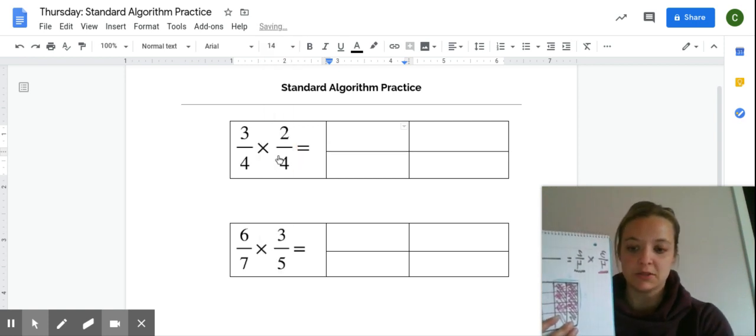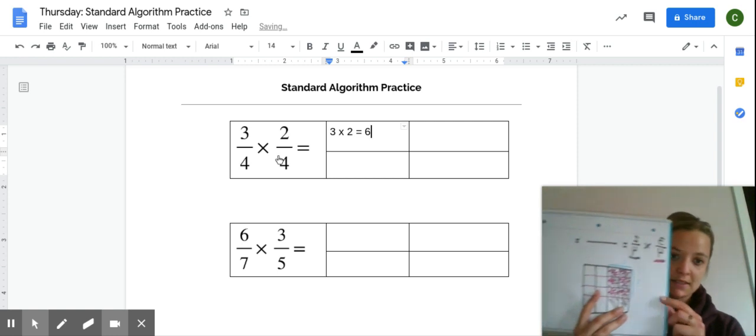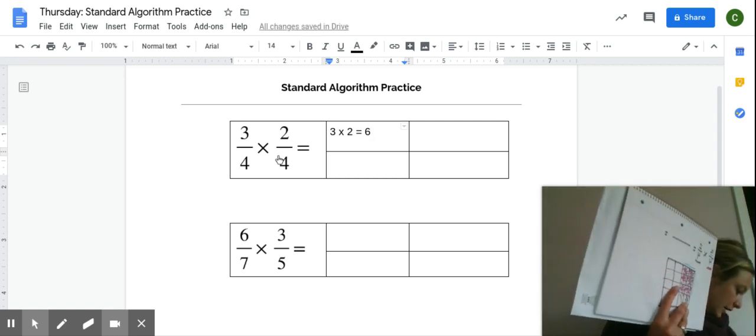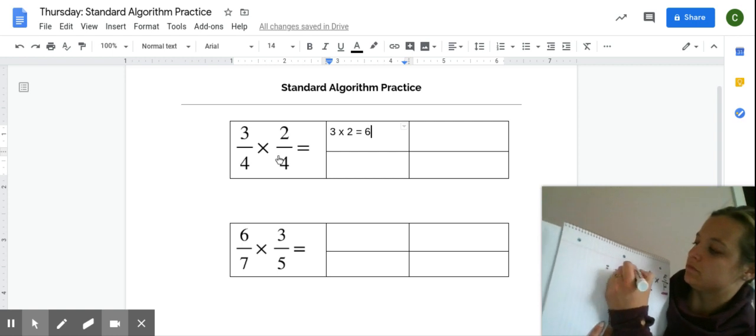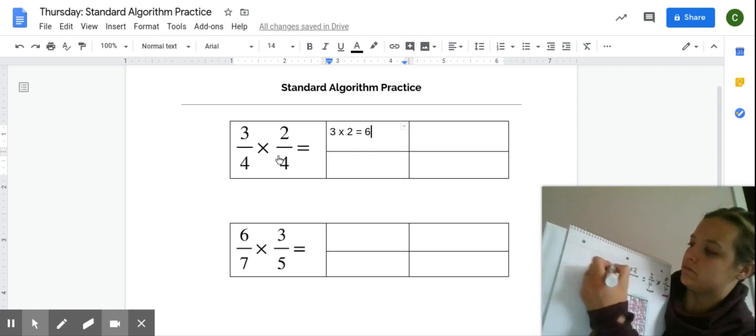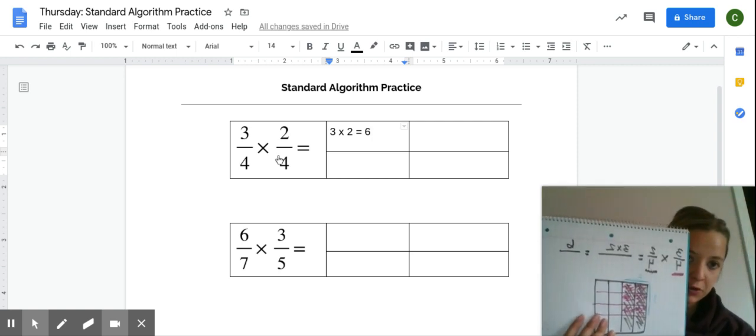We multiply 3 times 2, which equals 6, and I'm going to write it up here also. That gives us 6, which is our new numerator.